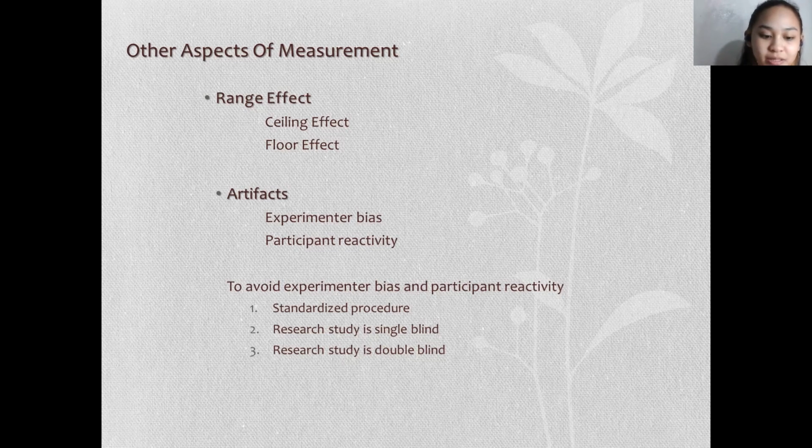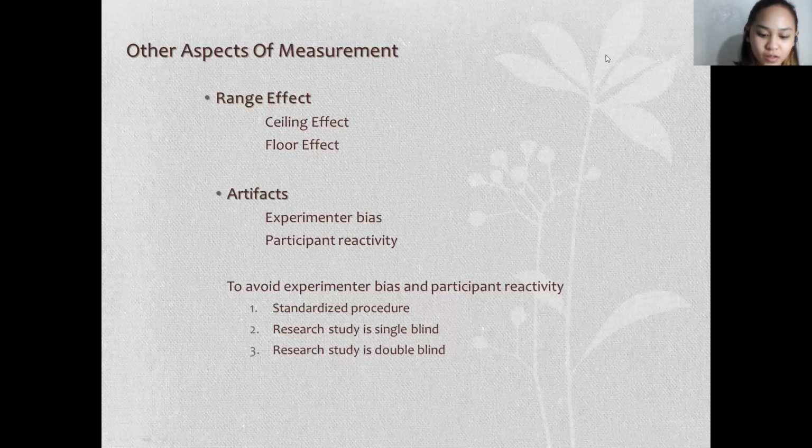Next is the participants' reactivity, on how the participants react to the experimental situation. Example, overly cooperative or the participants ay masyadong defensive sa kanyang mga response. To avoid experimenter bias and participant reactivity, first is the standardized procedure.